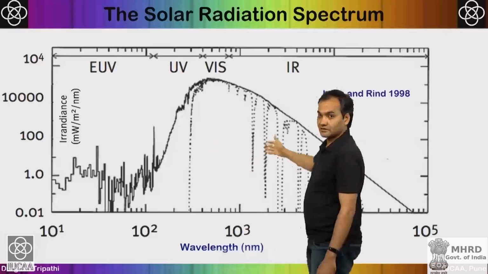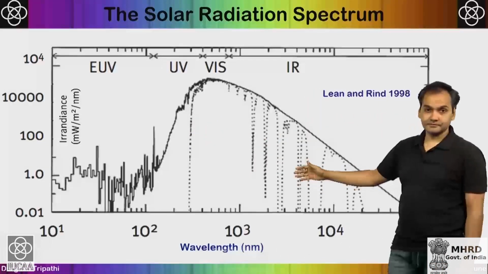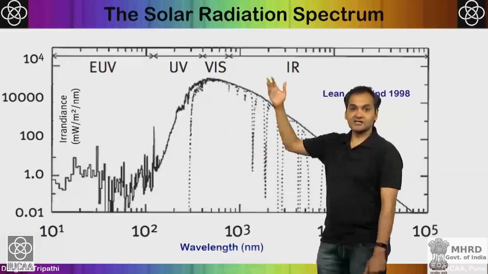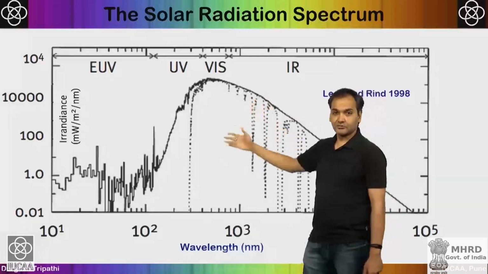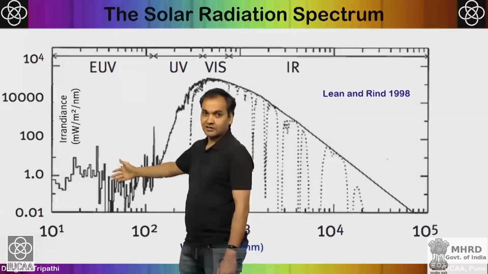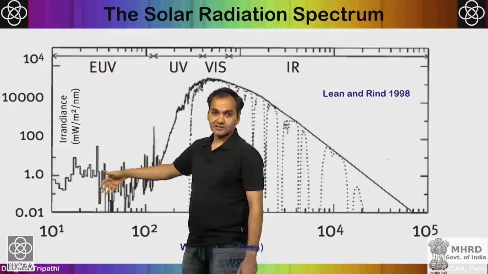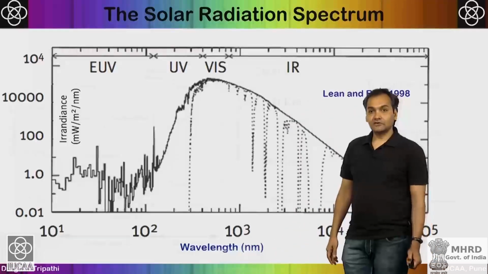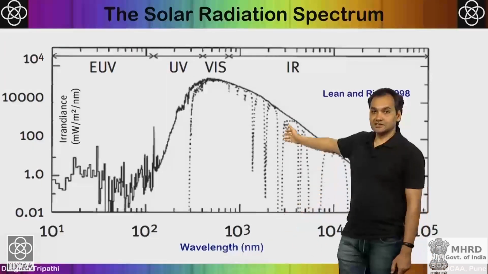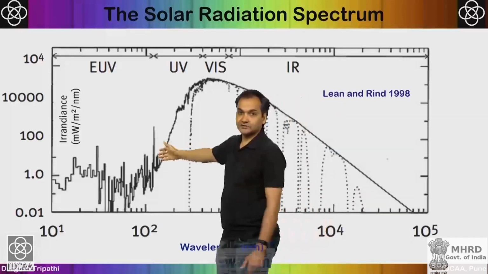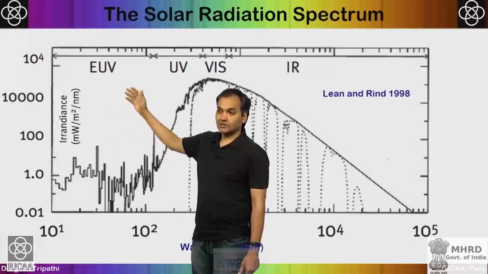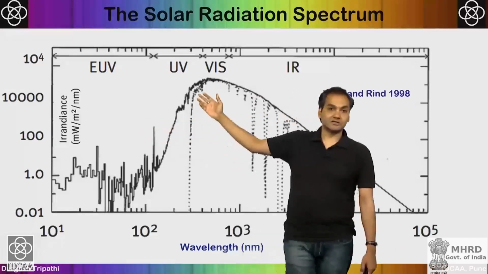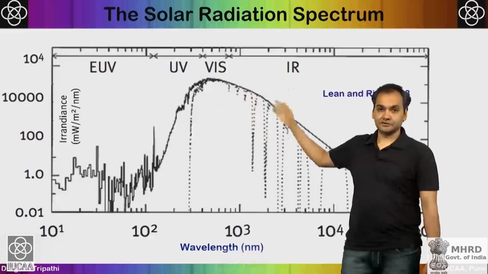Beyond 310, it all comes to the ground. Of course, the bulk of the radiation is coming in visible, but you have radiation coming all the way in ultraviolet, near ultraviolet, and so on. And what we now know is that the region for EUV and UV is essentially your chromosphere and corona, whereas the visible is coming mostly from the solar photosphere.